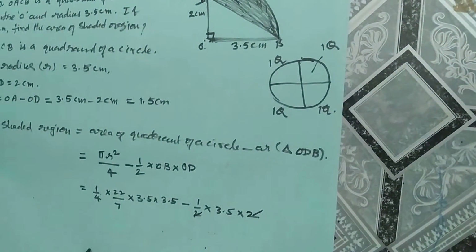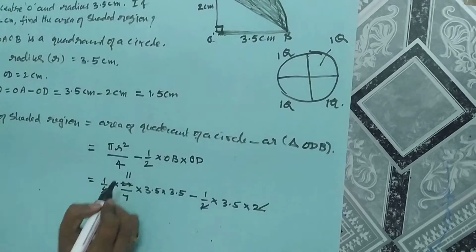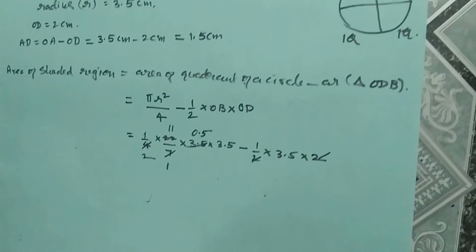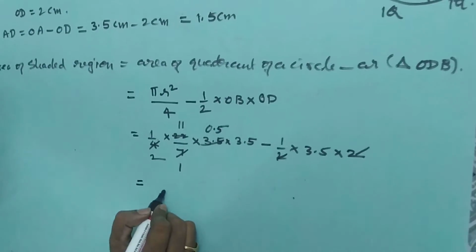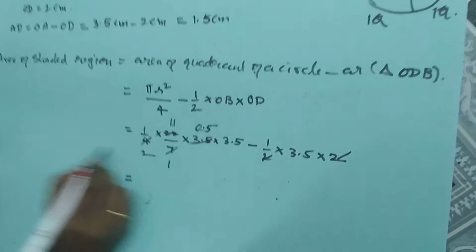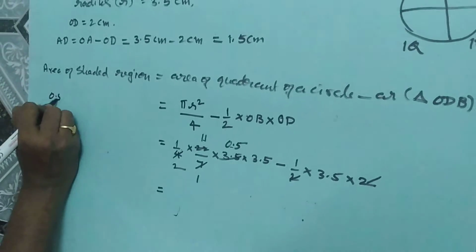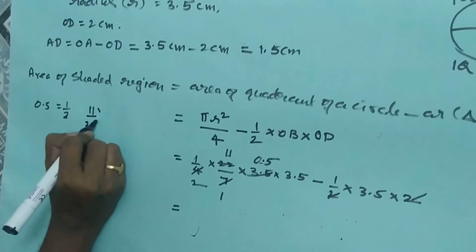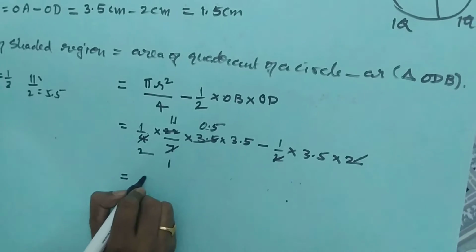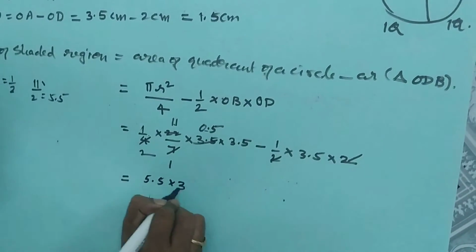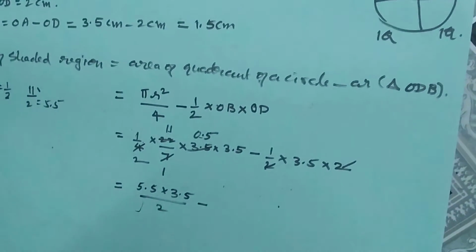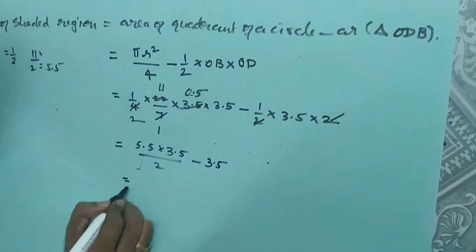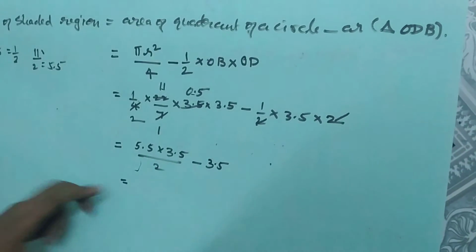The 2 gets cancelled. 2 2s are 2, 11s are 7, 1s are 7, 7 0.5s are, this can be written as 7 into half. 0.5 can be written as half. 11 into half, 11 by 2, that equals 5.5. The numerator becomes 5.5 into 3.5 by 2 minus 3.5. That equals 5.5 into 3.5.